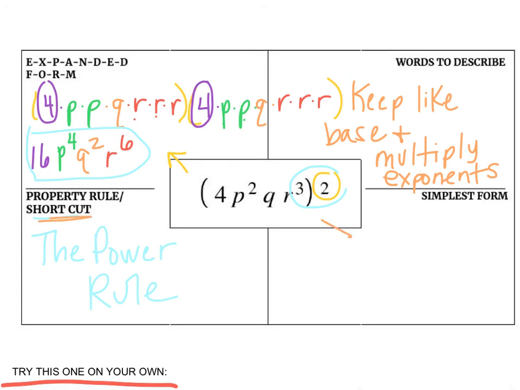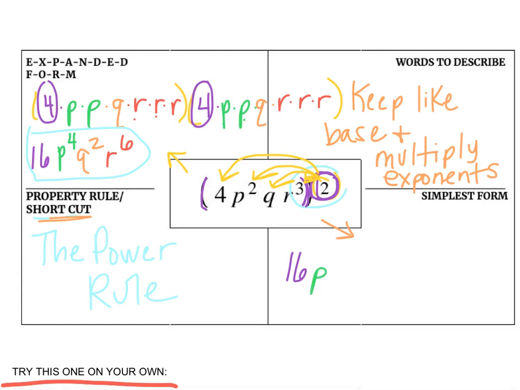So let's do the shortcut. Now, if you're raising a power to a power, this 2 on the outside of the parentheses gets distributed to everything in the parentheses. So beginning with the 4 to the second power, that means 4 times 4, which is 16.